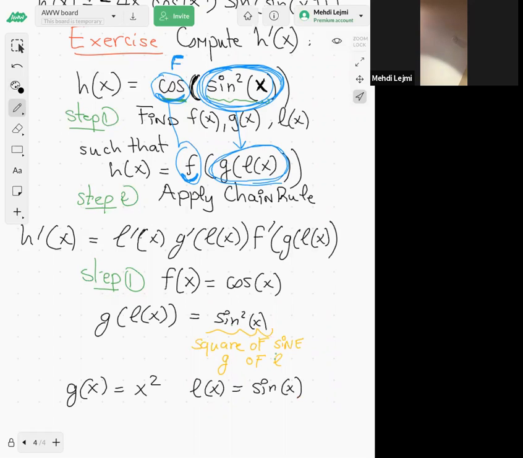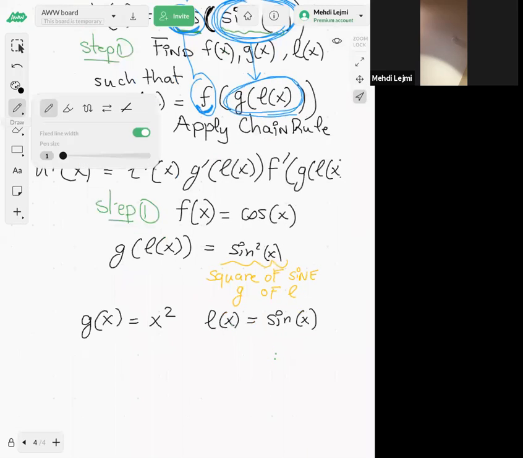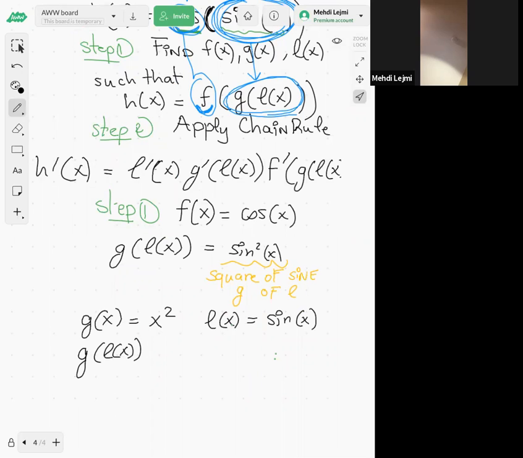When you say g of l of x, you have to substitute this x by l of x. So l is sine, and that will be sine square of x. So my g is x squared, my l is sine of x, my f of x is cosine.